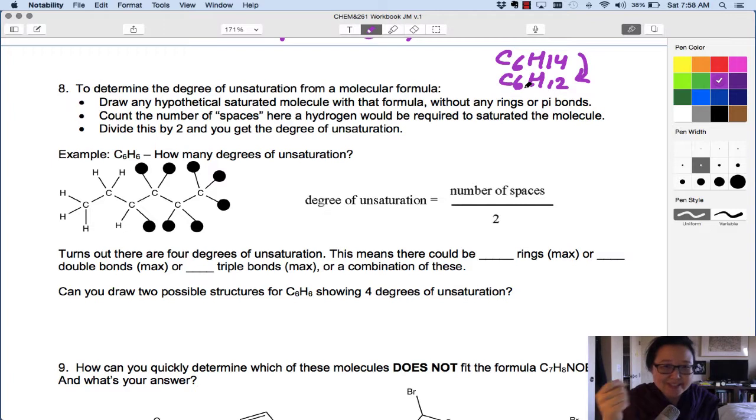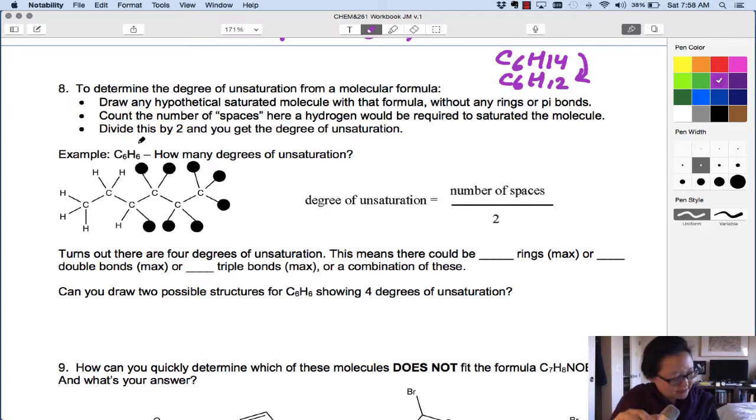But if you have oxygens and nitrogens and halogens, it can become different. One thing you could do is draw a hypothetical molecule with all those atoms in it, and then count how many empty spaces you have.